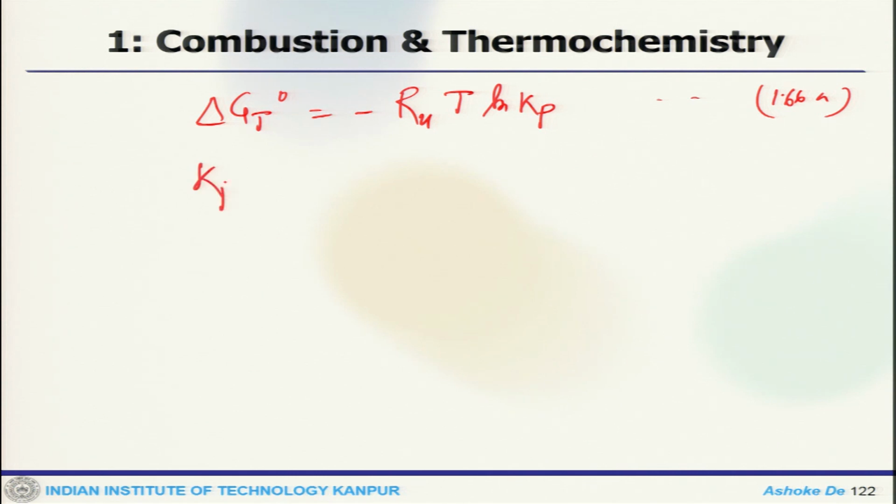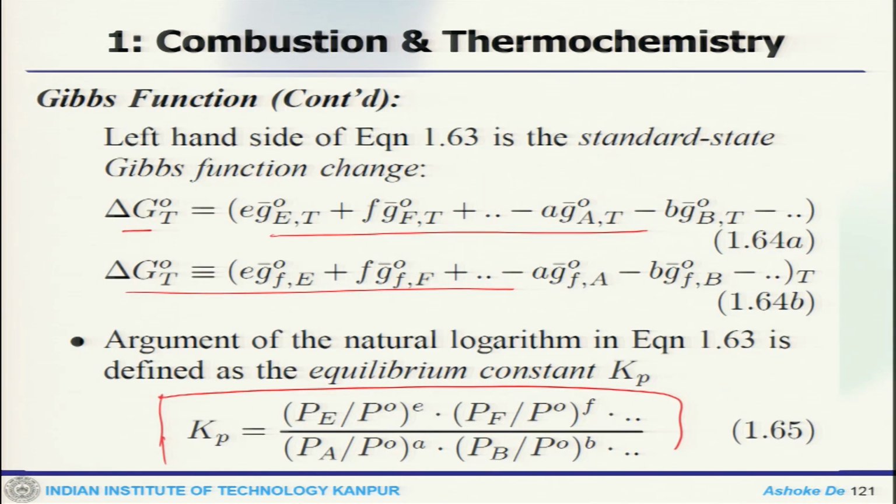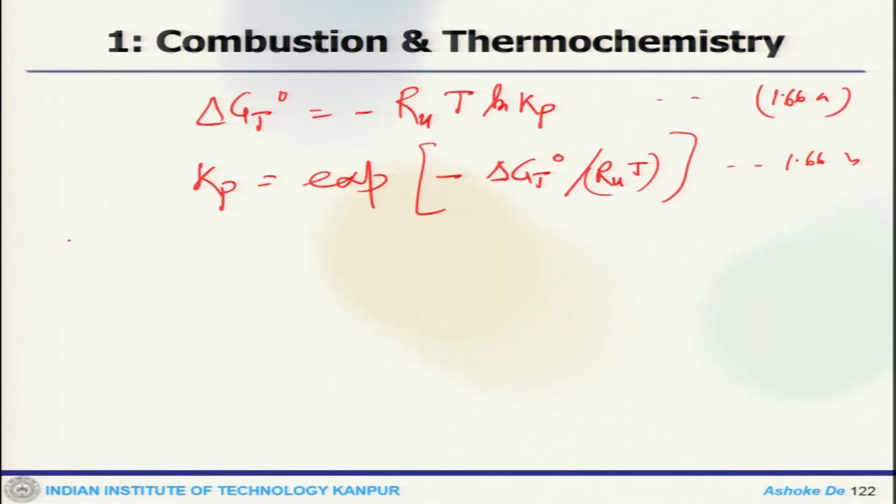Kp is the exponential of minus delta G naught by Ru T, which is 1.66b. Now these two equations, 1.65 and 1.66, give you a qualitative indication of whether a particular reaction favors products or reactants at equilibrium.